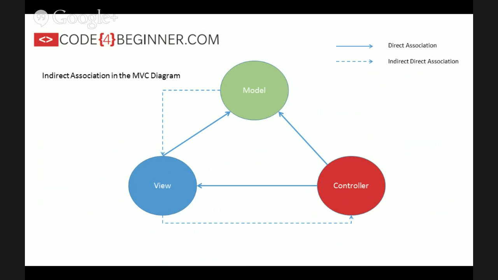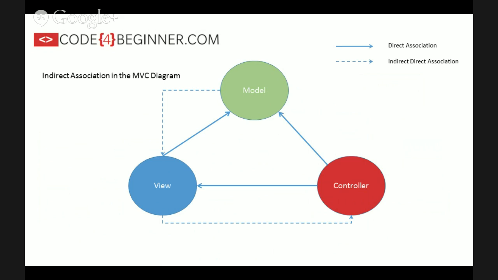Now, the second thing that I had always asked myself was, what do the dotted lines in the diagram represent? The dotted lines in the diagram represent an indirect association. Indirect association means the model has an indirect association with the view.